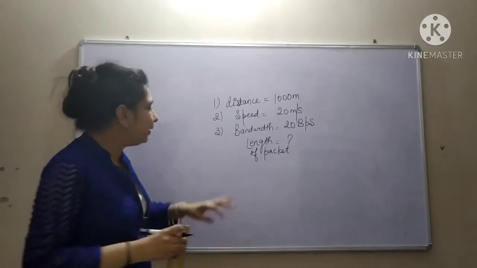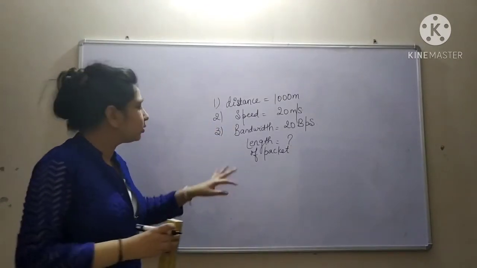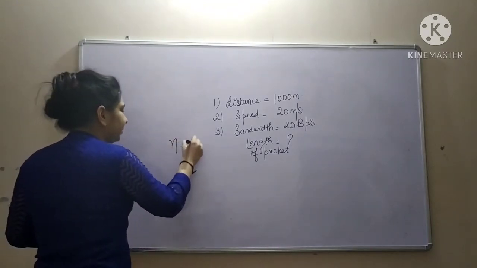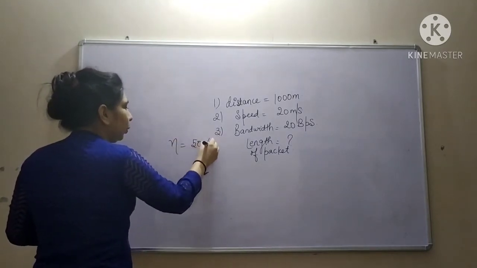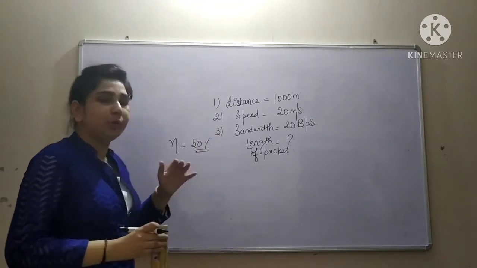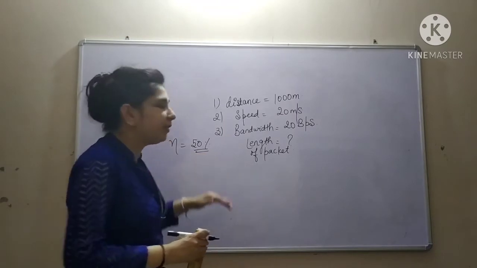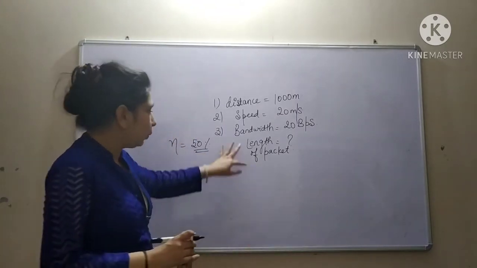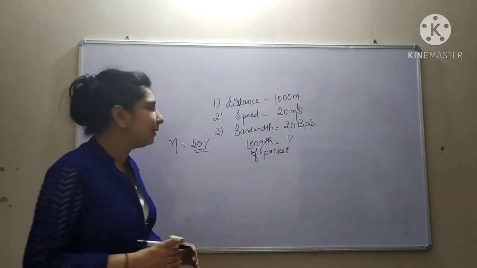What should be the length of the packet so that we can have an efficiency of 50%? So to get the efficiency of 50%, what should be the length of the packet? We have to determine that.